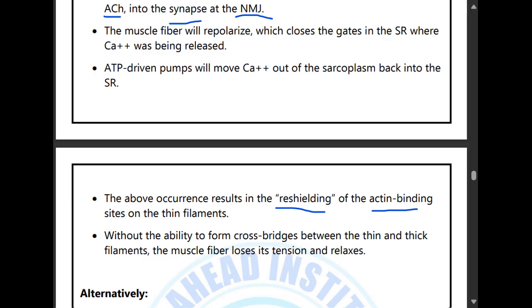There are two main channels through which calcium gets back into the sarcoplasmic reticulum. Remember, it is moving against the concentration gradient, that is active transport. We have the sodium calcium exchanger, and then we also have the calcium ATPase pump.